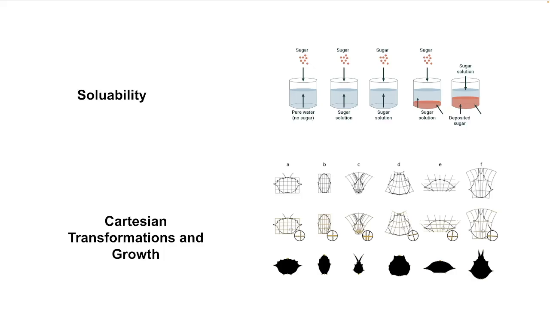Solubility is this phenomenon in chemistry where if you add some substance to, say, water, it will sit in solution at certain concentrations, but at a critical concentration, it will become saturated and fall out of solution. In this case, you have sugar in water.